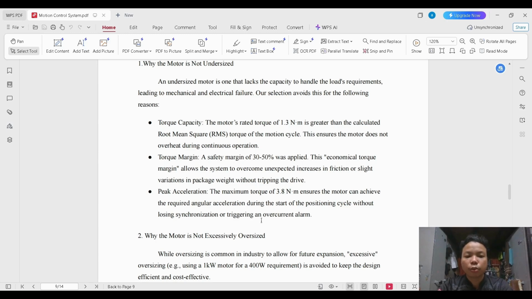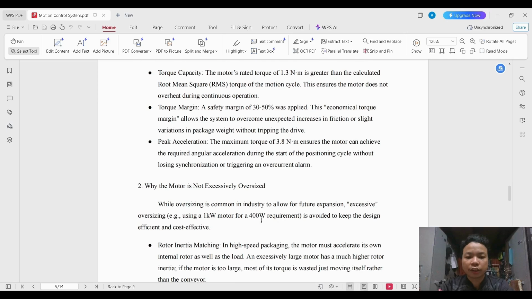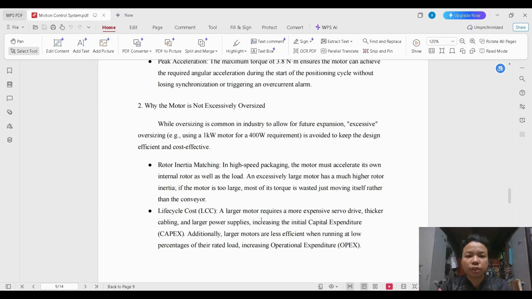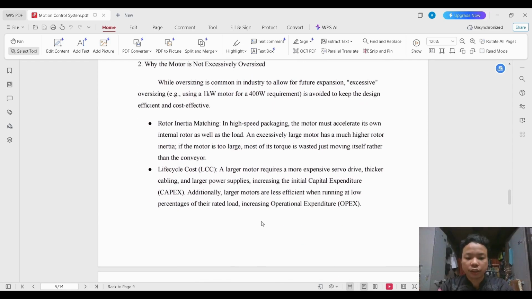Next, why the motor is not excessively oversized. Choosing a much larger motor will increase cost and reduce efficiency. An oversized motor has higher rotor inertia, which can slow system response and waste energy accelerating the motor itself rather than the conveyor.